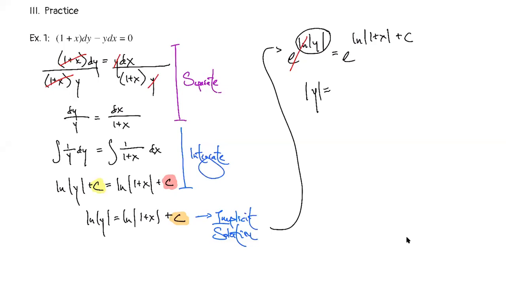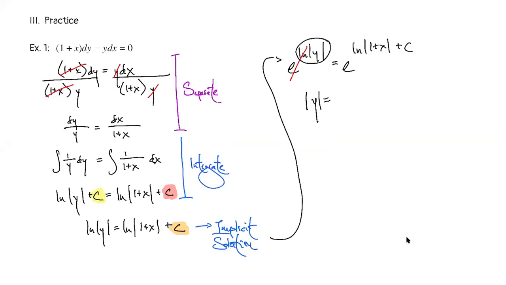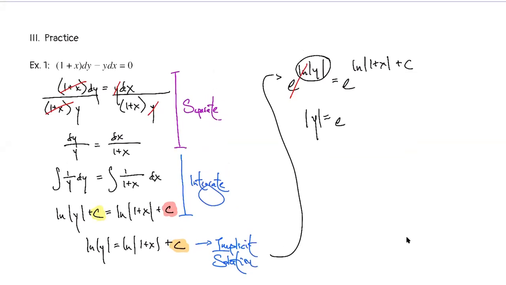Now, when we look at the other side, we have two things in the exponent. We have the natural log of 1 plus x, but we also have a plus c. What we're going to do is split this into two separate statements. So we're going to have e to the ln of 1 plus x, and then times e to the c, because that's how exponents work.